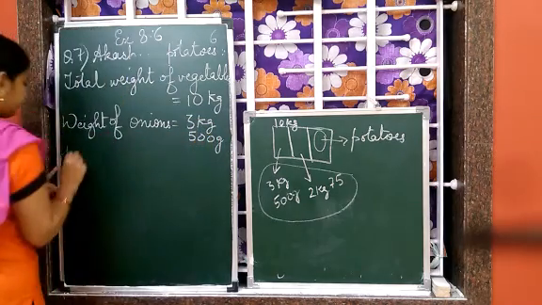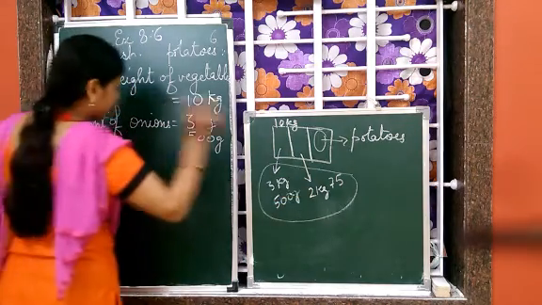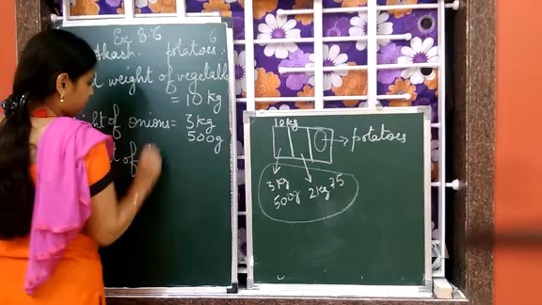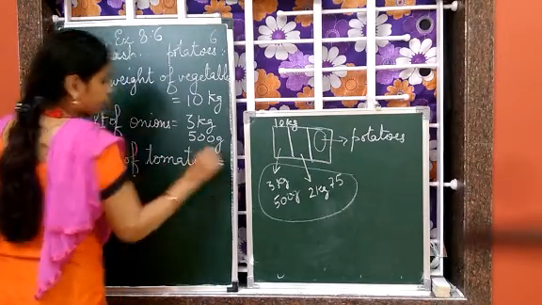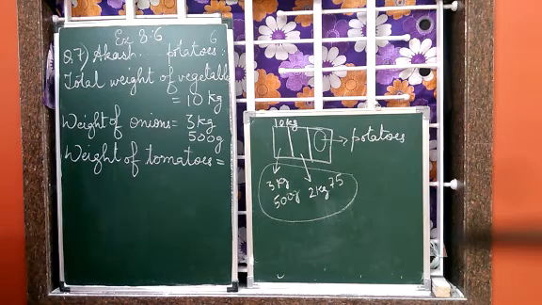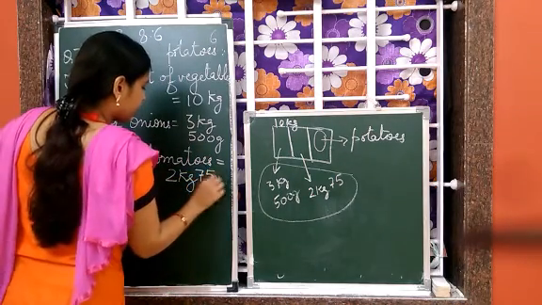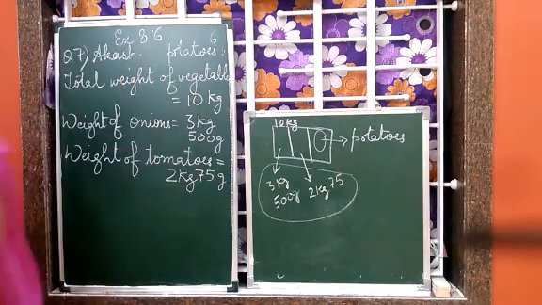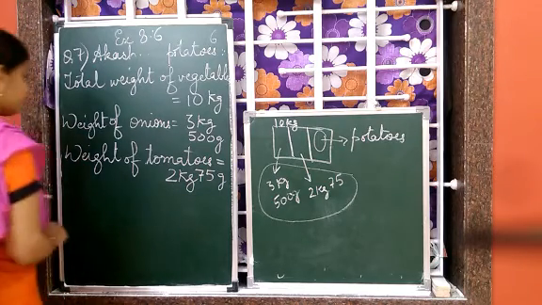Then this is weight of tomato. Weight of tomatoes, 2 kg 75 grams. Is it 75 or it's 750? Let me check. 75 is tomatoes.